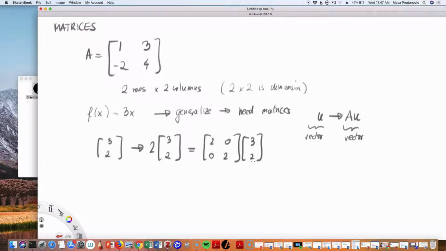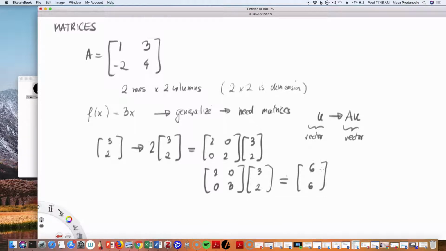So simple stretching I can do with a scalar if I want the same scalar in both dimensions. But if I wanted to stretch the first dimension by 2 and the second one by 3, for whatever application I had, then I would have my matrix 2, 0, 0, 3 times 3, 2, which would give me 6 here and 6 here, so that my first dimension would get stretched by 2 and the second one by 3.